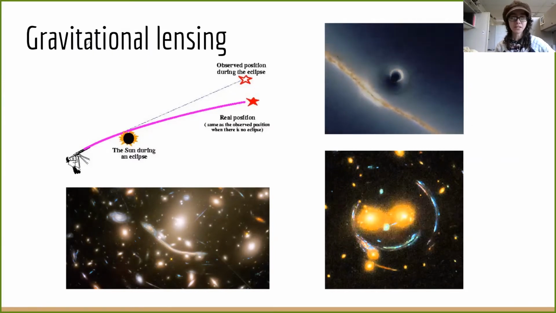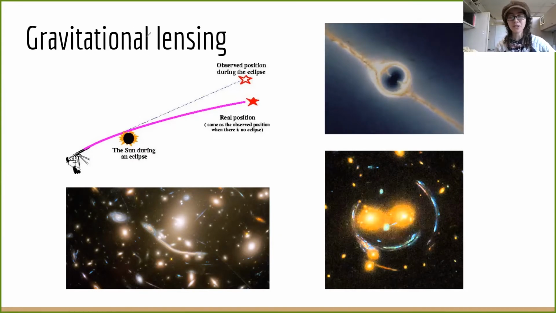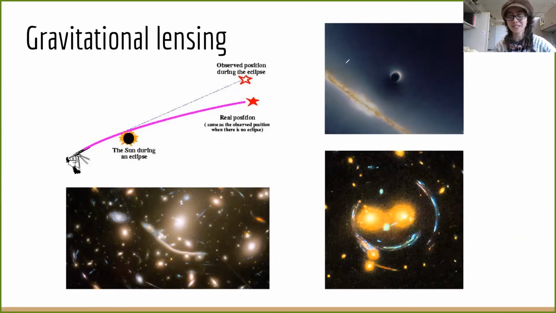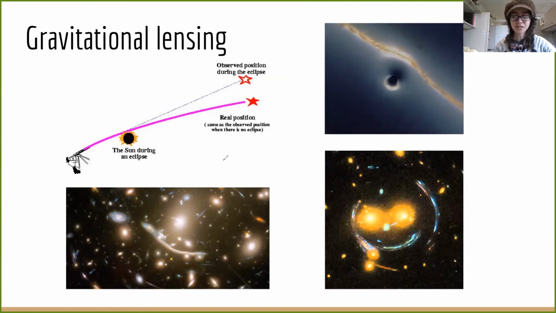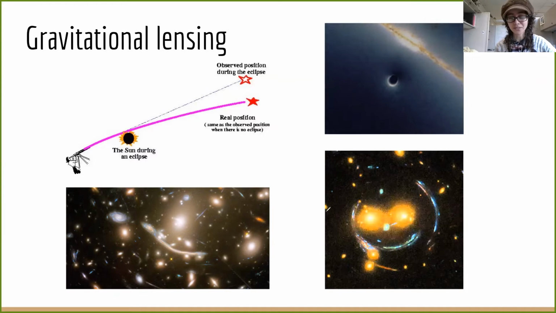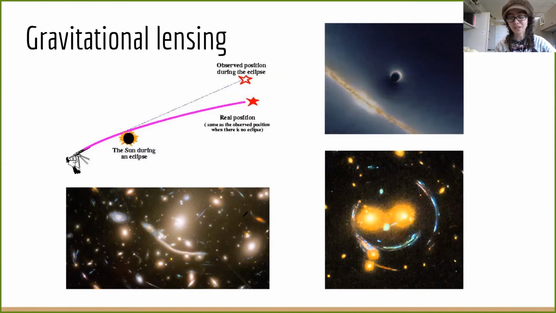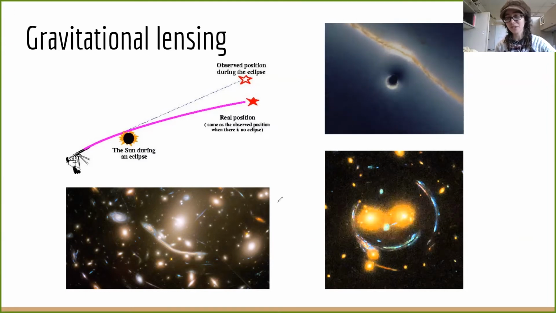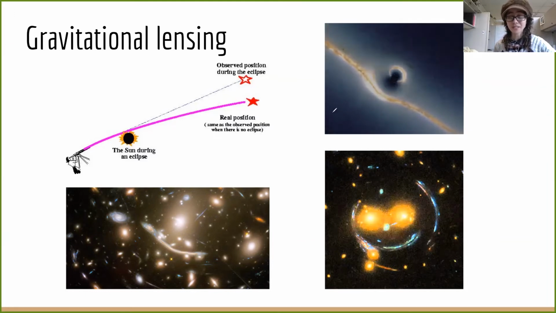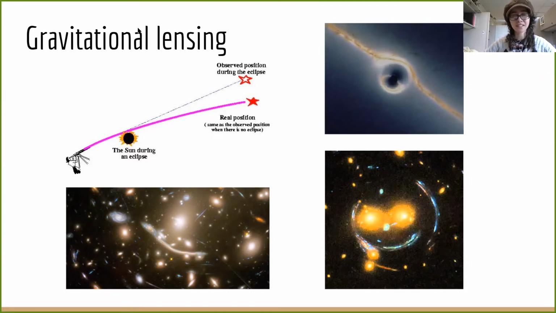You can see what this looks like in practice, first with this simulated animation, and also with real photos that we've taken of galaxies in space. The bottom two are actually photos taken from telescopes. So this is a documented effect.